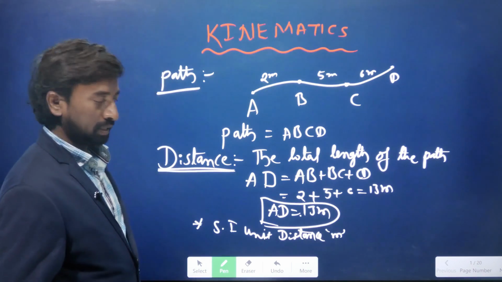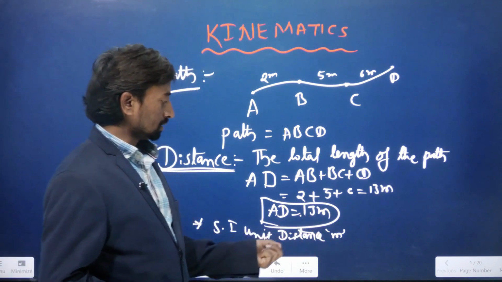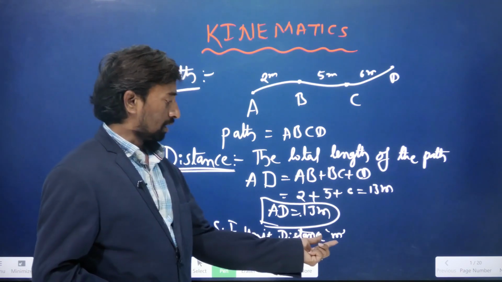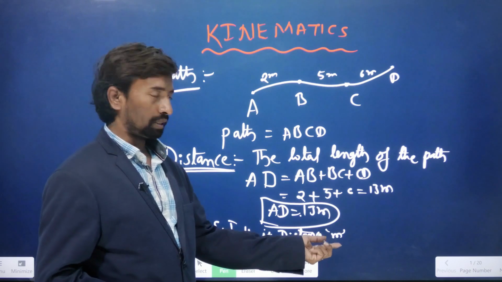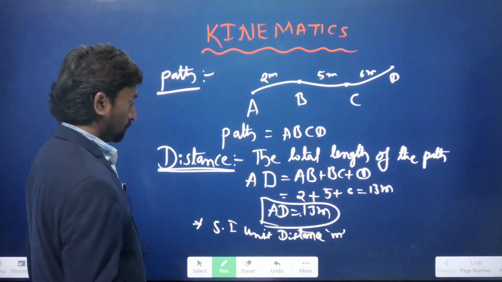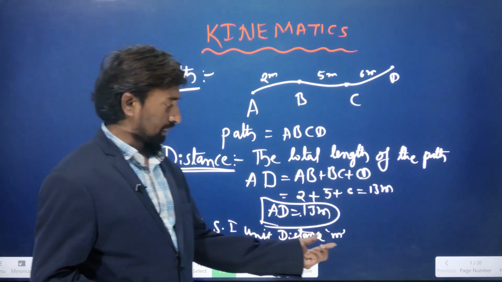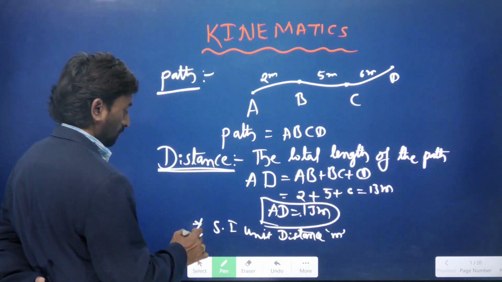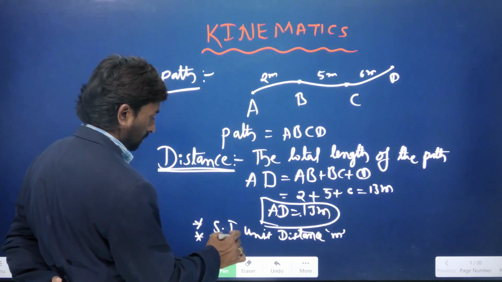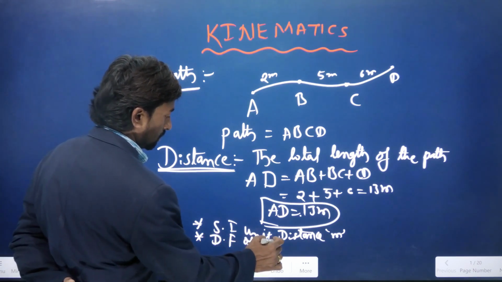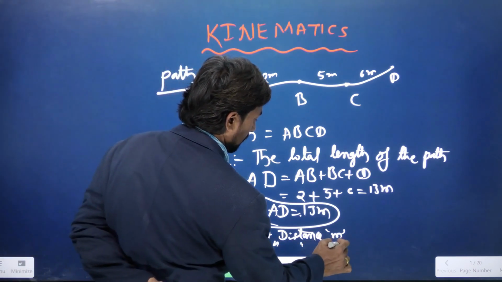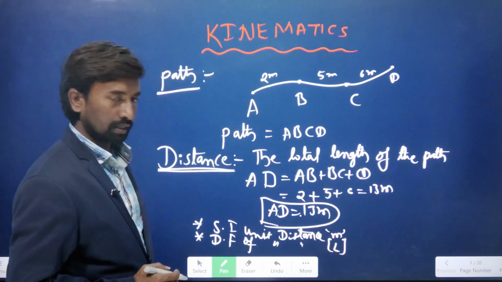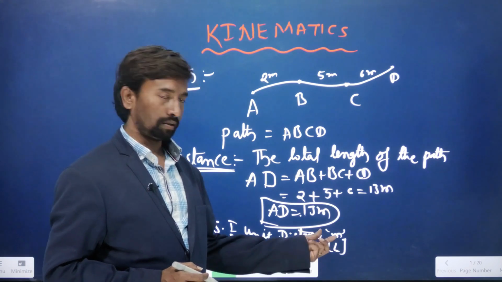Meter is the SI unit of distance, and that is nothing but length. Length is a fundamental physical quantity. If any physical quantity is represented in terms of fundamental physical quantities, then that expression is called the dimensional formula. So the dimensional formula of distance is L to the power 1, kept in brackets, capital L.